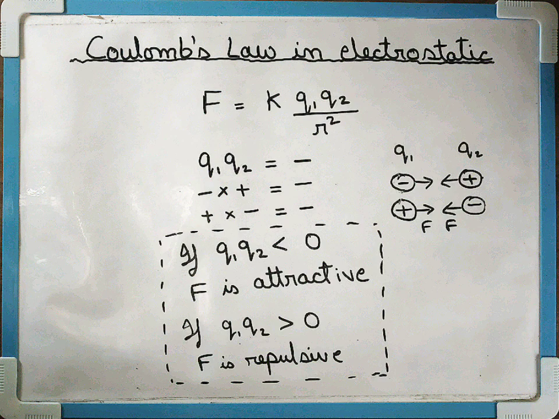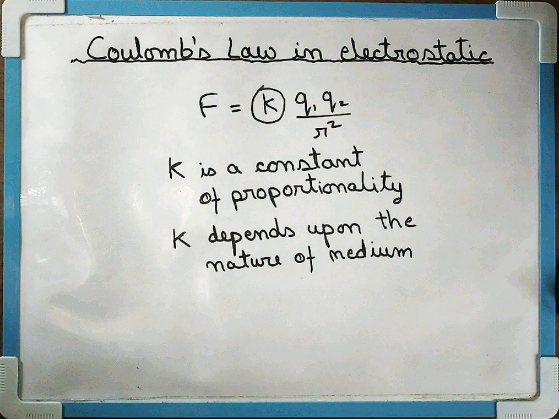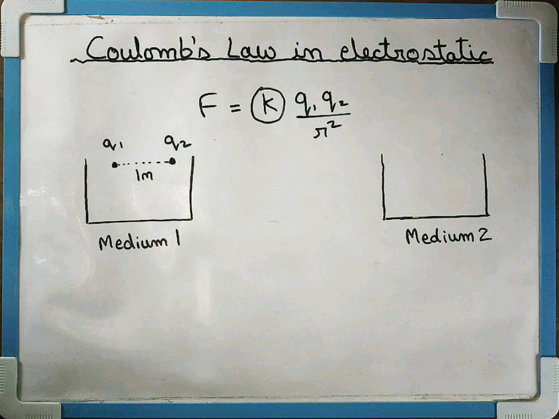So now let us see about this constant K. What does this constant K give you? Now this constant K depends upon the nature of the medium in which the charges are placed. Suppose you have two mediums, medium 1 and medium 2.